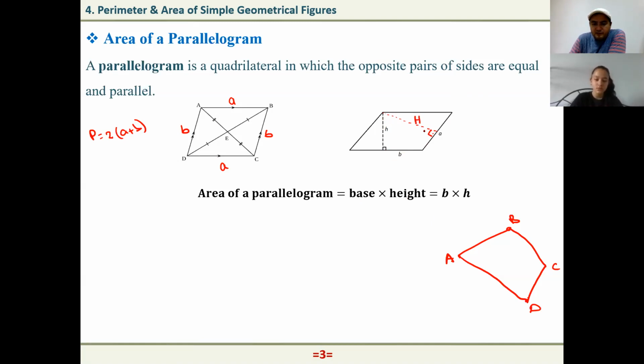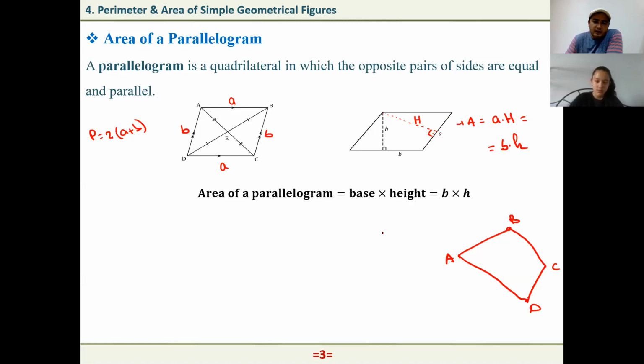These heights are different. Using this one, we can also find the area. The area equals A times h, and that is equal to B times this H. So either altitude times base, or this altitude or height times base, gives us the area of the parallelogram.